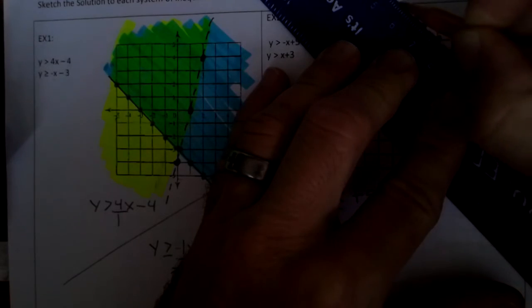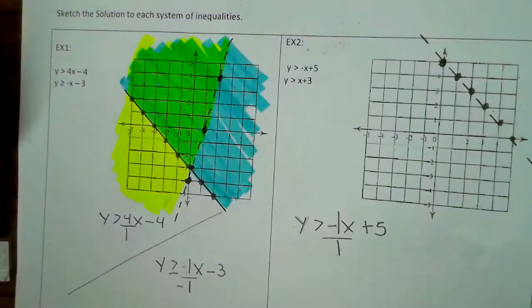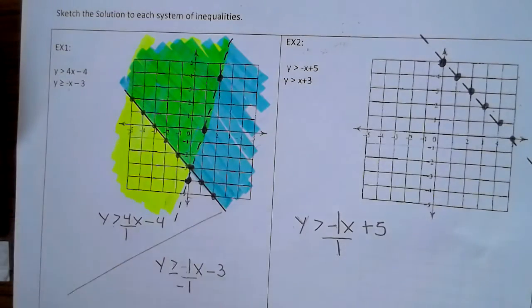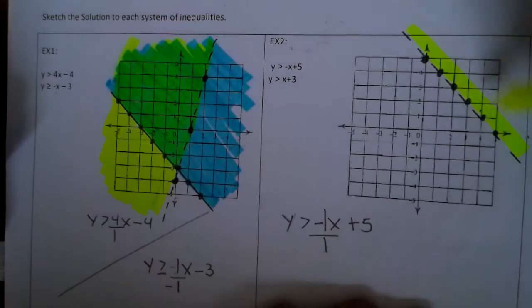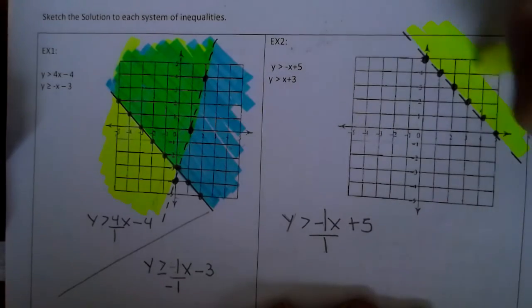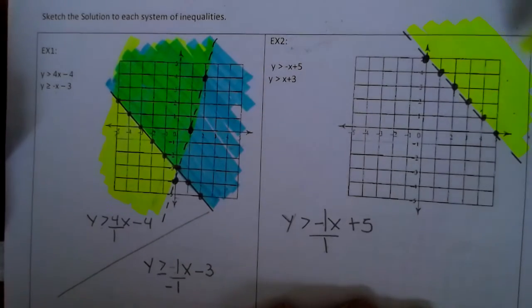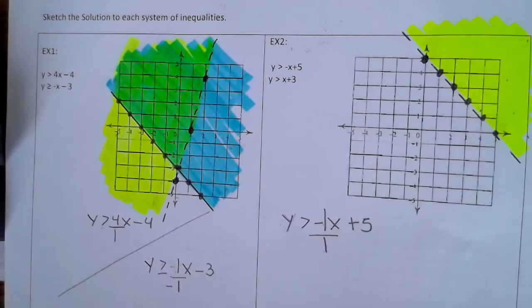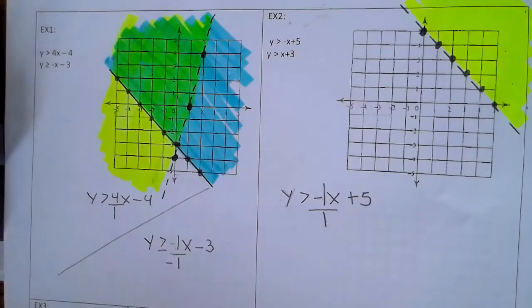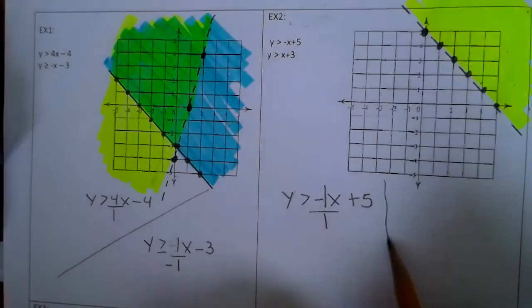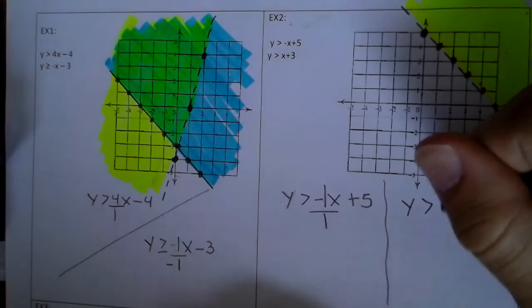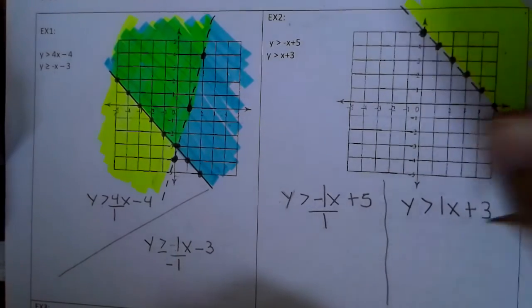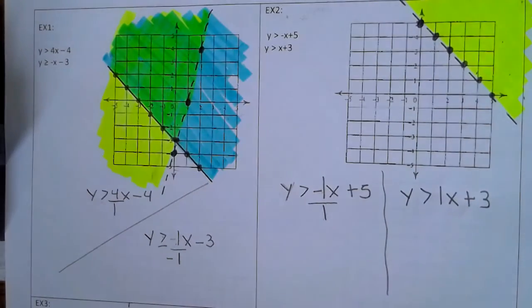Now it's greater than, so we shade above. Okay. Now let's look at the second inequality. So y greater than, put a 1 there, 1x plus 3. Okay, so then here, I'm going to divide that by 1.